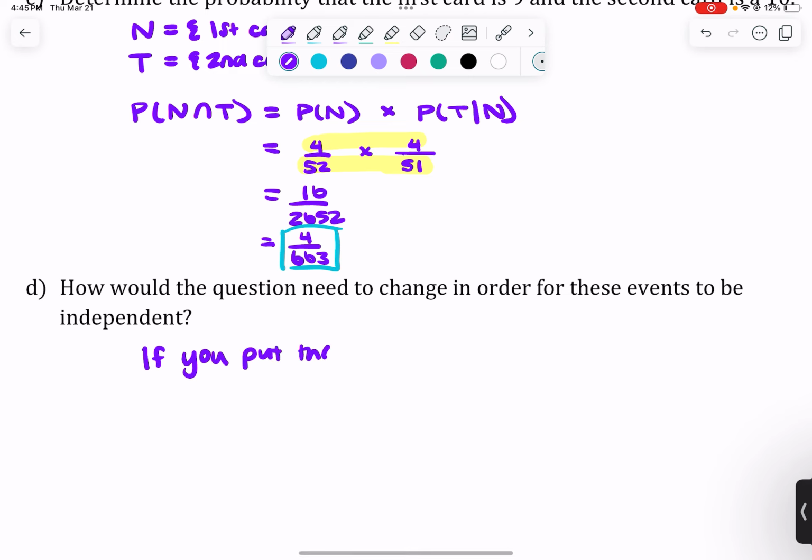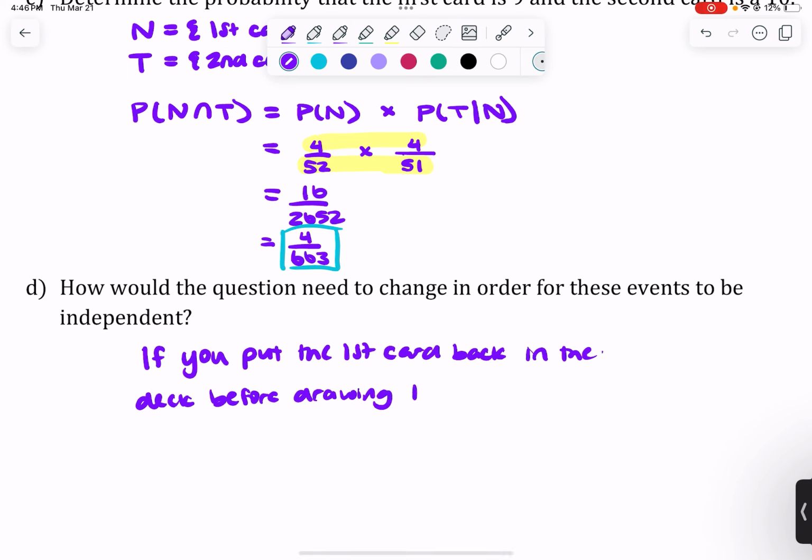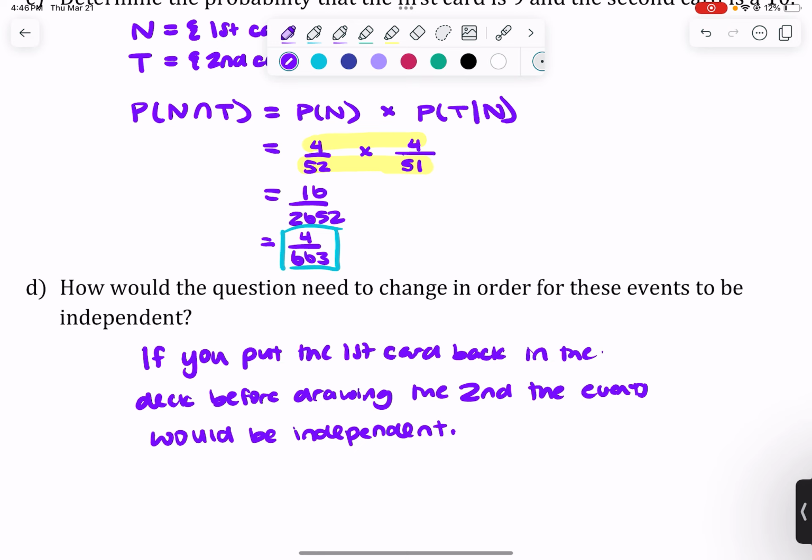If you put the first card back in the deck before drawing the second, the events would be independent. Essentially, by putting that card back after drawing it and putting it back into the deck, you've essentially restarted everything. You've gone back to that clean slate where nothing has seemingly already taken place.